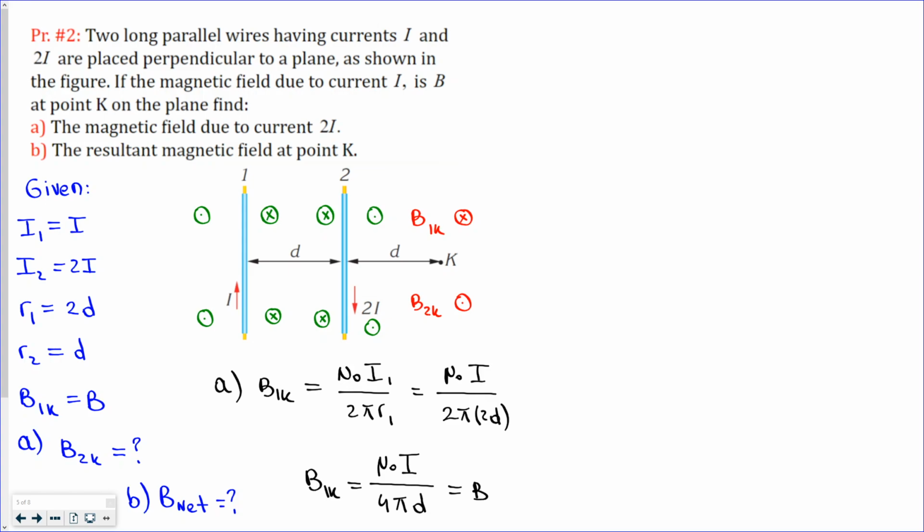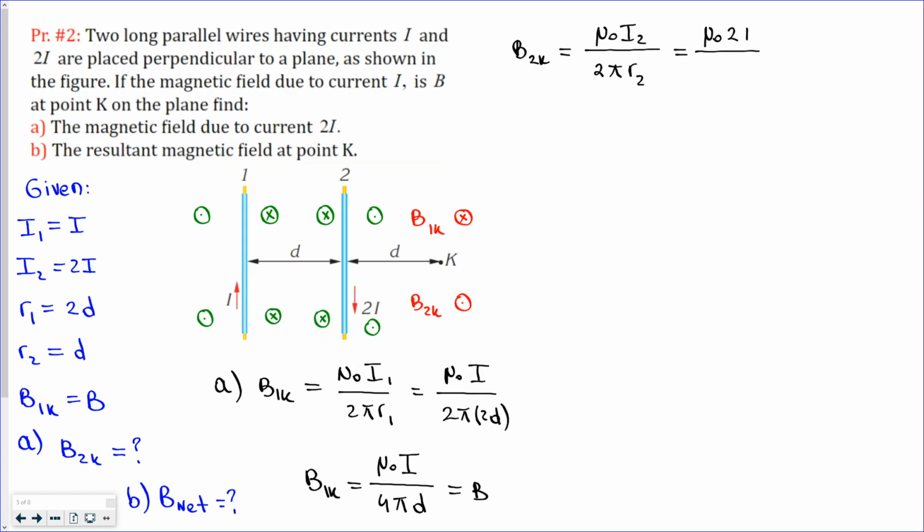Now let's find the magnitude of the second wire at point K. Mu 0 I2 over 2 pi R2, and let's give the numbers for this.